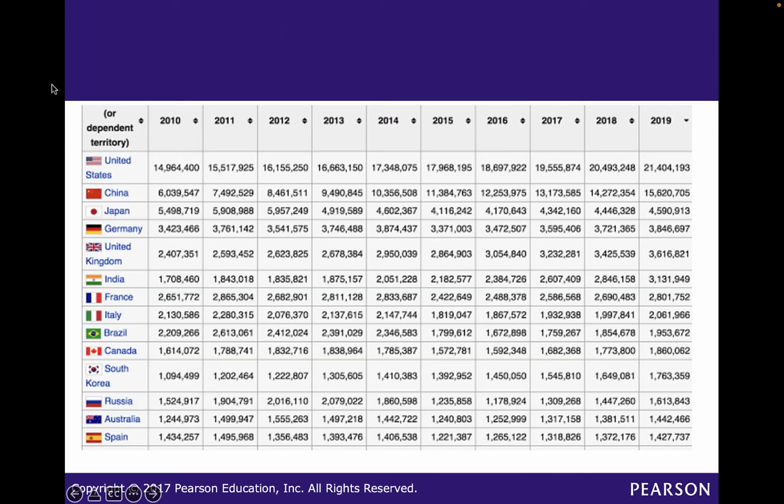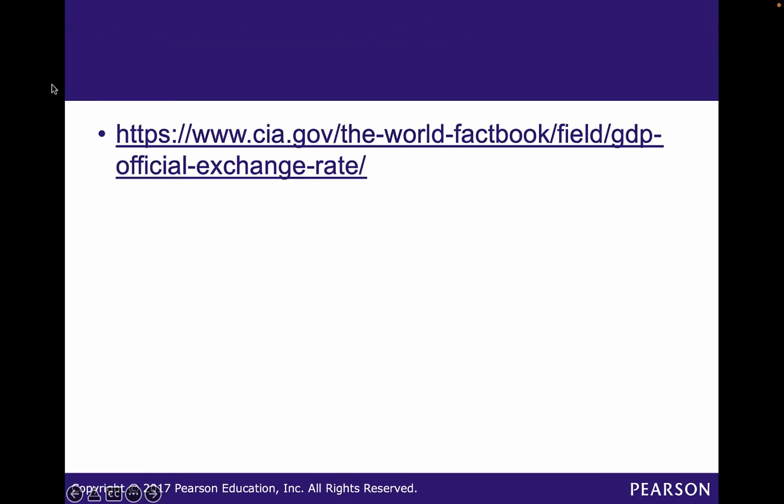Here's a list of the GDPs up into 2019, and like I said, the more money a GDP generates, the more prosperous a country is. If you look at this link, you can go look at the CIA World Factbook, and it'll show you the different GDPs of everything across the world.